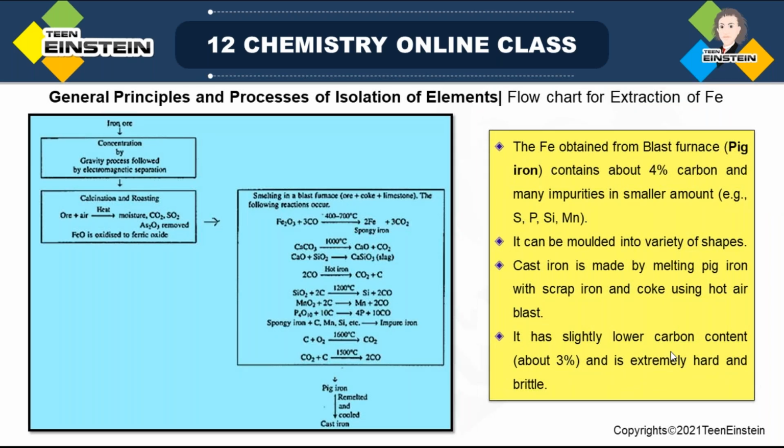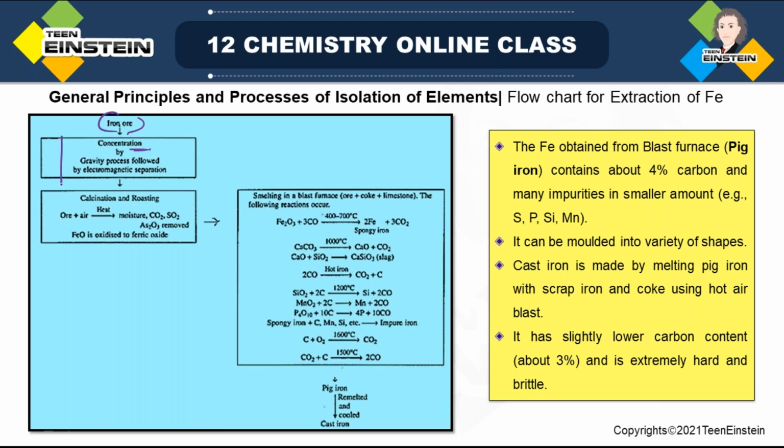Now this extraction of iron, if we see this flow chart, it will be easier for us to remember. So first, here we have this iron ore. We know that in metallurgy the first step is concentration, the second step is extraction, and the last step is purification.